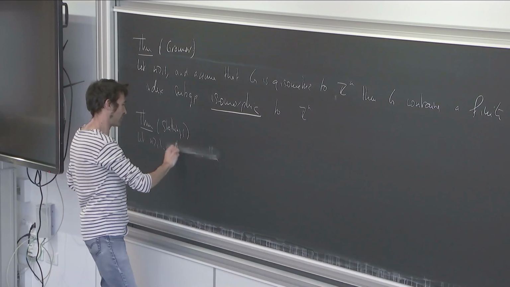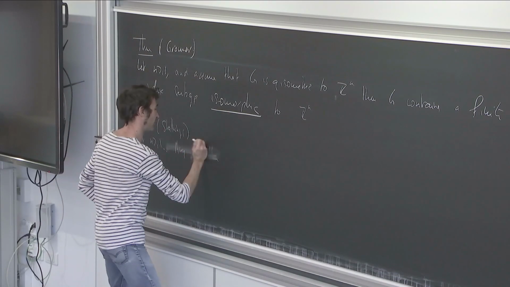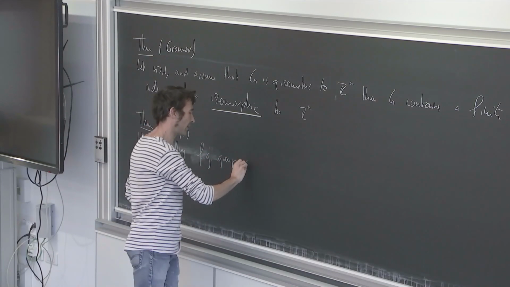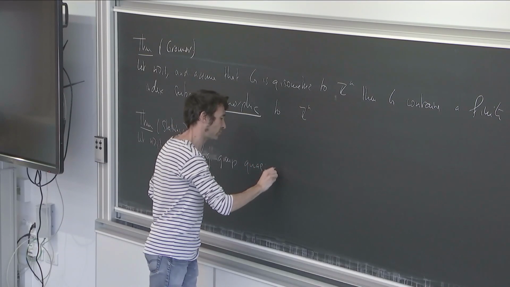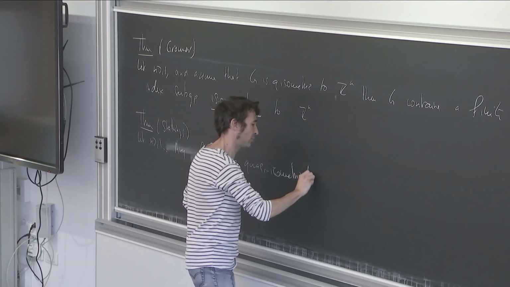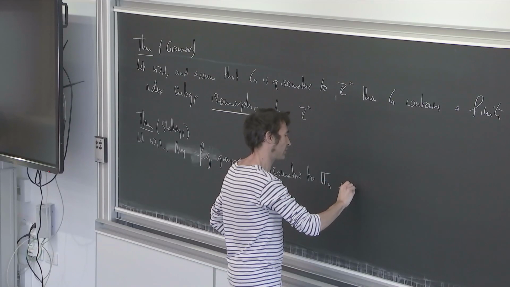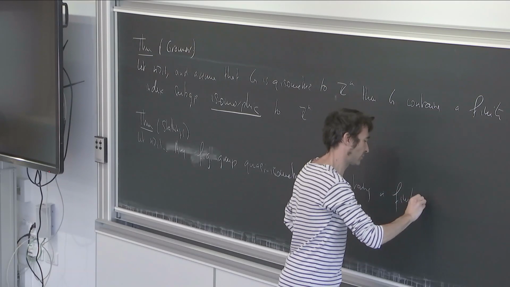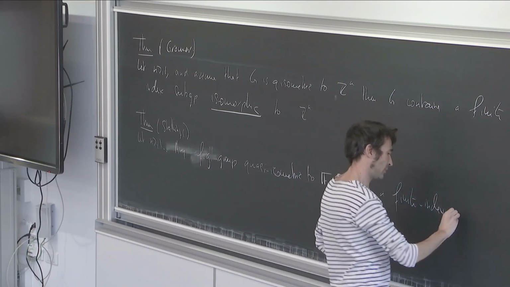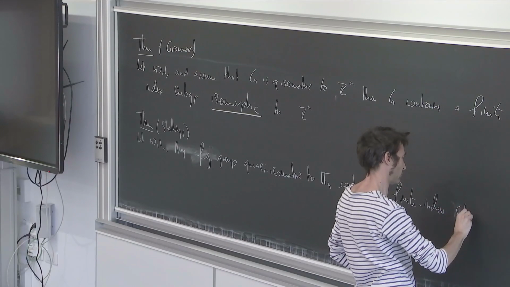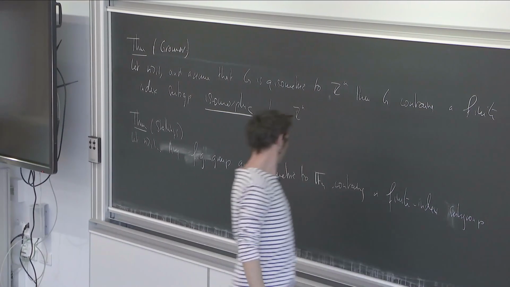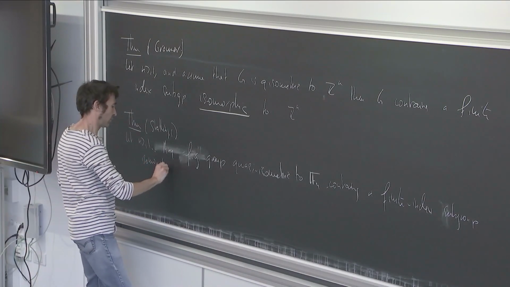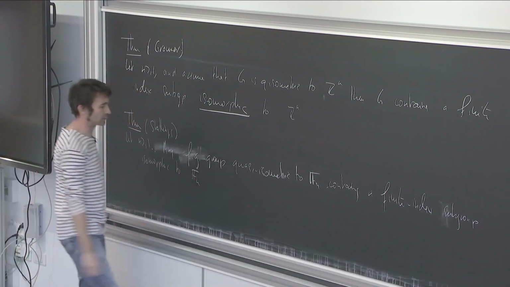So any finitely generated group quasi-isometric to F_n contains a finite index subgroup isomorphic to the free group over n elements.